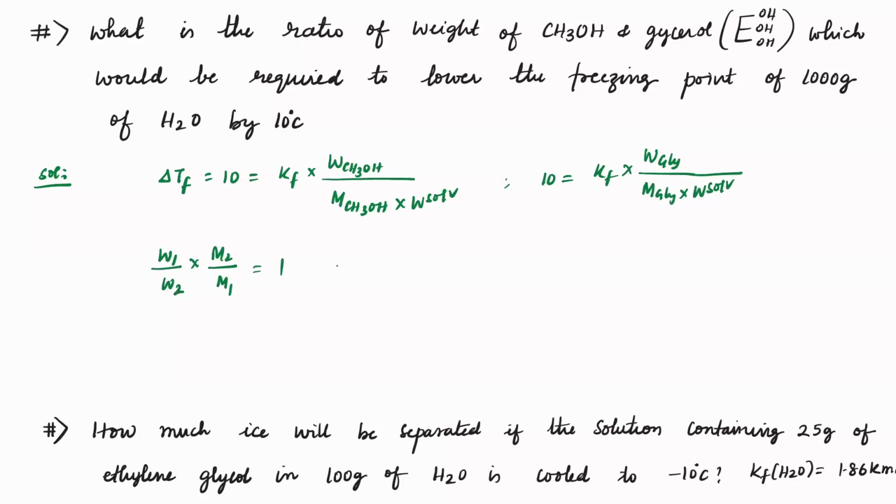Okay, so which means weight ratio W1 by W2 is equal to m1 by m2, correct? Which is equal to 32, which is the molar mass of CH3OH, and 92, which is the molar mass of glycerol, which is 8 by 23, correct? So 8 by 23 is approximately 0.3435. That is the weight ratio. Okay. Everybody look into it.